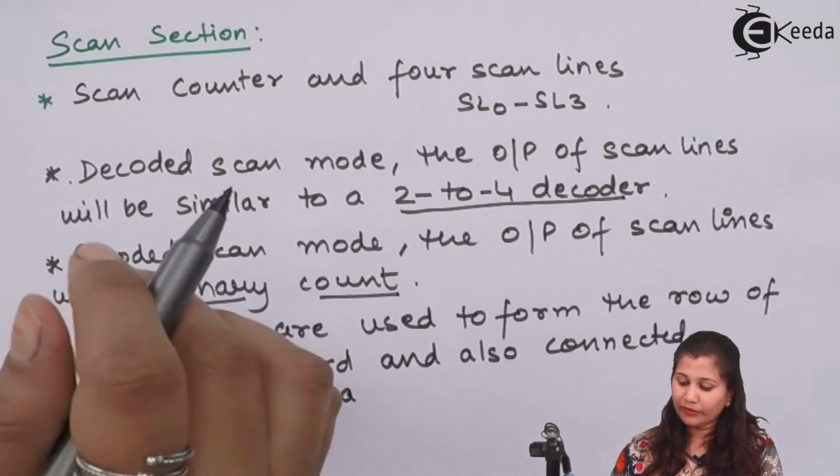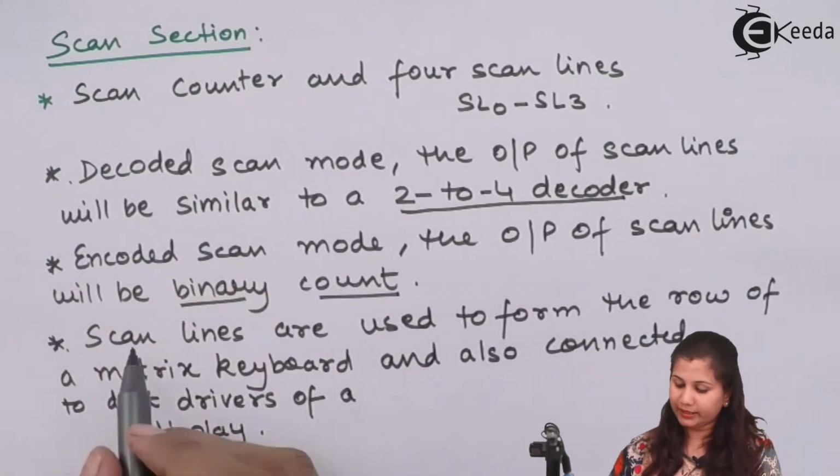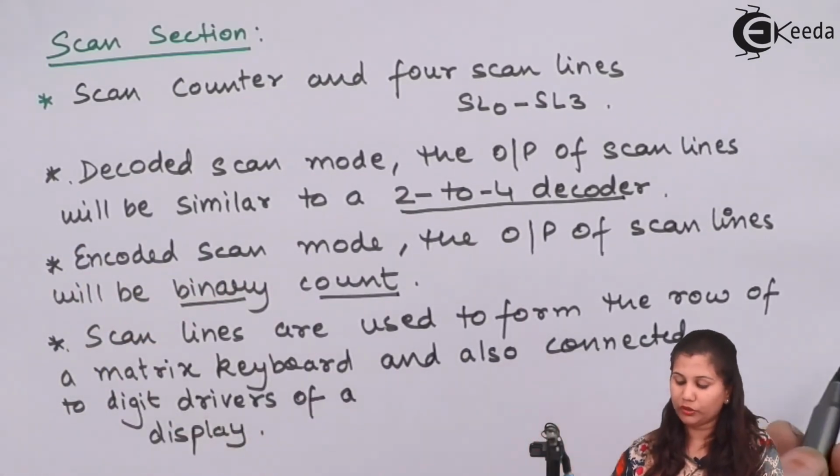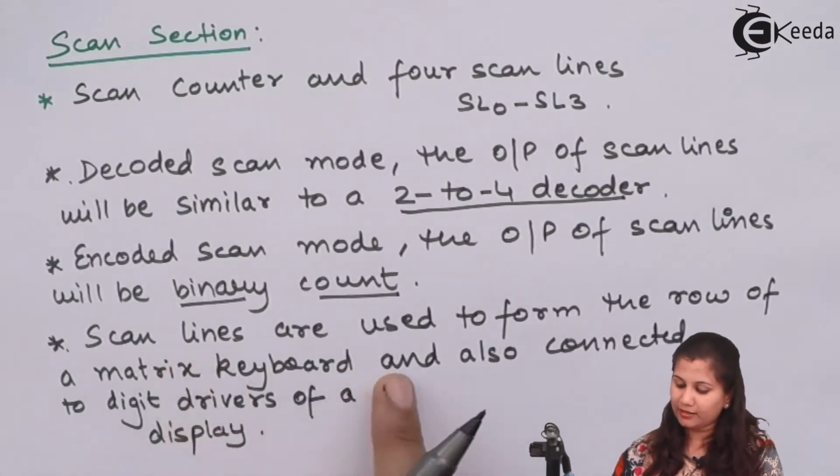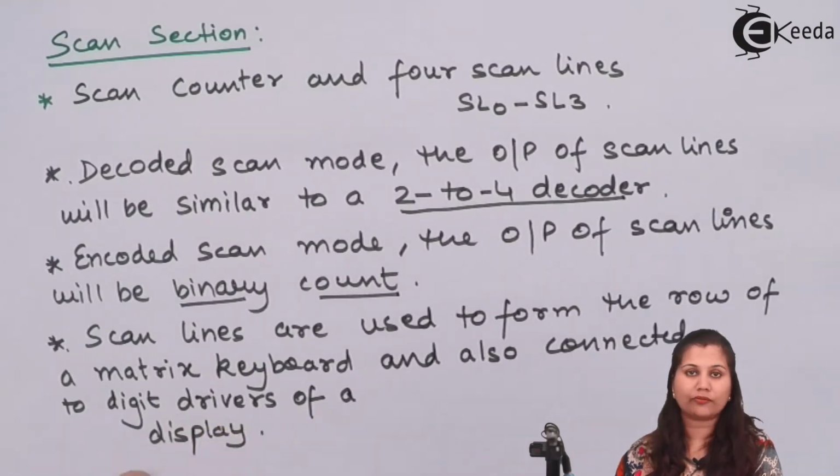When the keyboard is connected, the scan lines are used to form the rows of a matrix keyboard, and when display devices are connected, they are connected to the digit drivers of a display to turn on and off these multiplexed display devices. So this was the scan section.